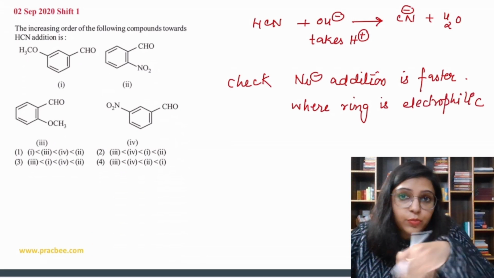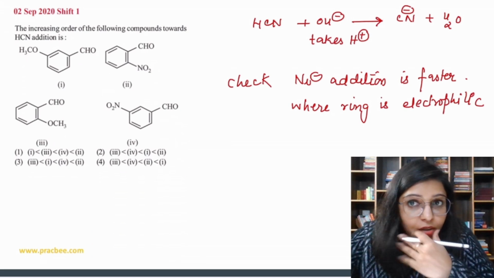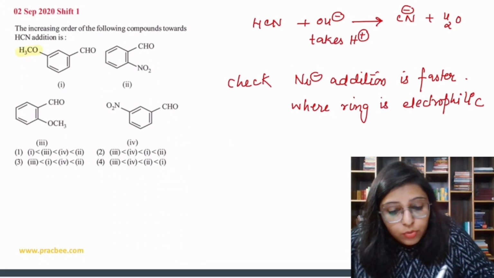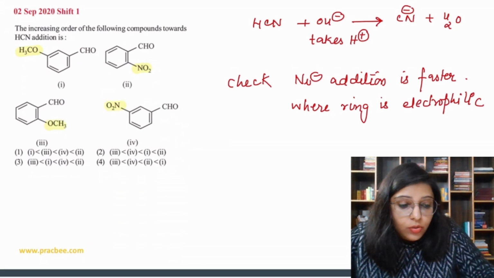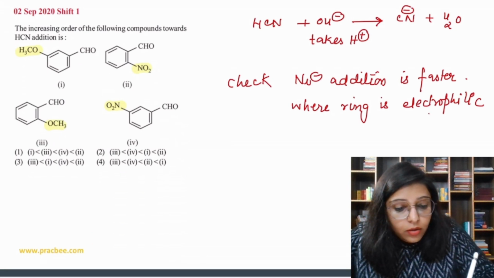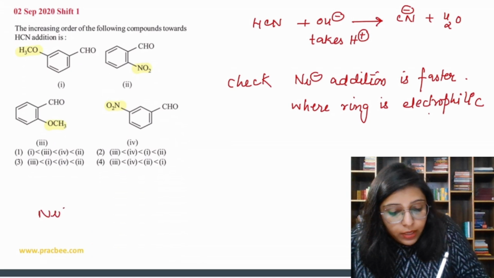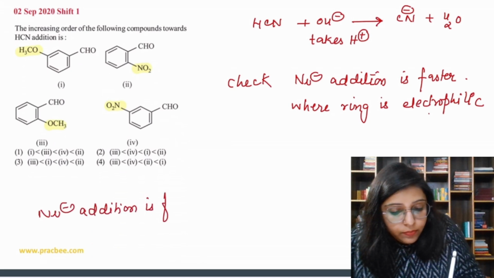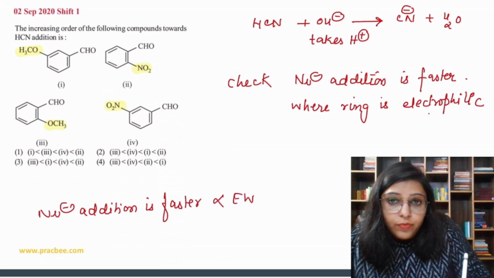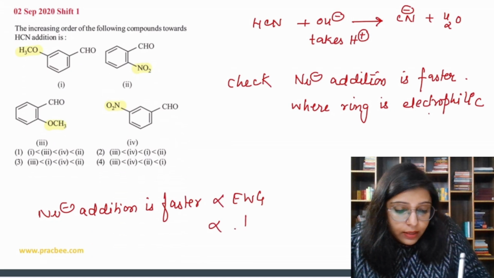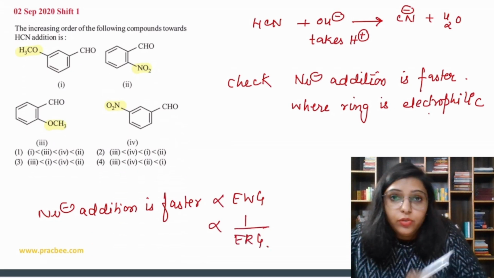Now if you see the options, in the ring we have certain groups. Like in the first we have OCH3, in the second we have NO2, then OCH3, and then we have NO2. So for electrophilic character, we can say that nucleophilic addition is faster in the presence of an electron withdrawing group and inversely proportional to an electron releasing group.